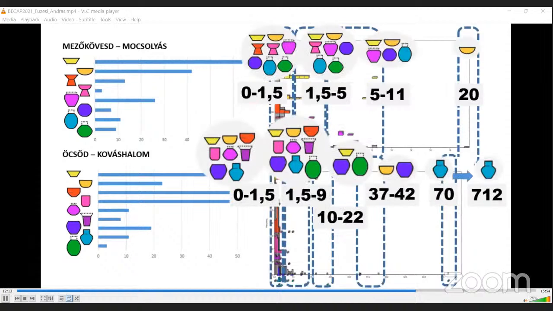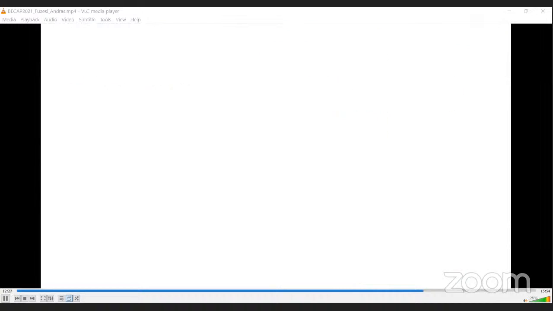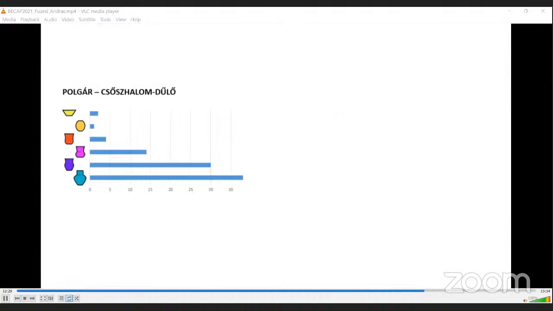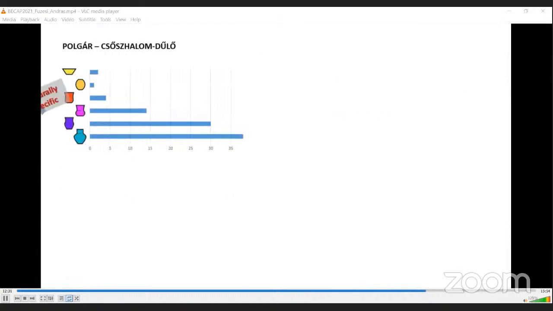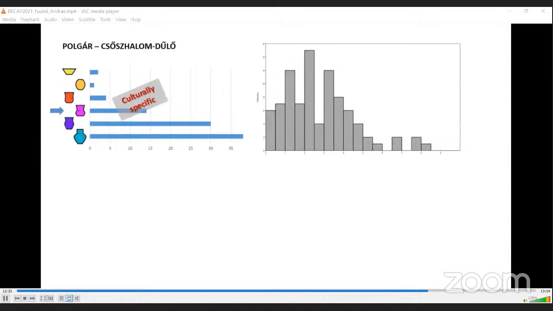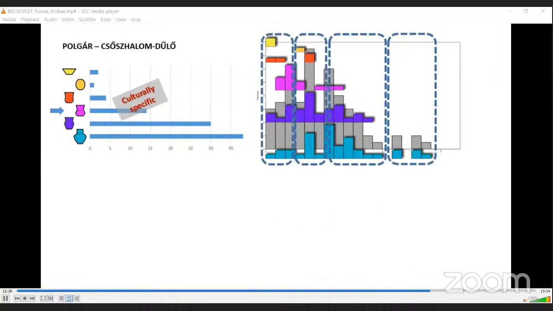The relatively low number of culture-specific vessel types is striking in both assemblages, which can be explained by the temporary nature of those assemblages and the formation of a new cultural sphere. The find assemblage from the Polgár well is an exception due to the purposeful nature of the structured deposition, resulting in distinct vessel types and capacity distribution.